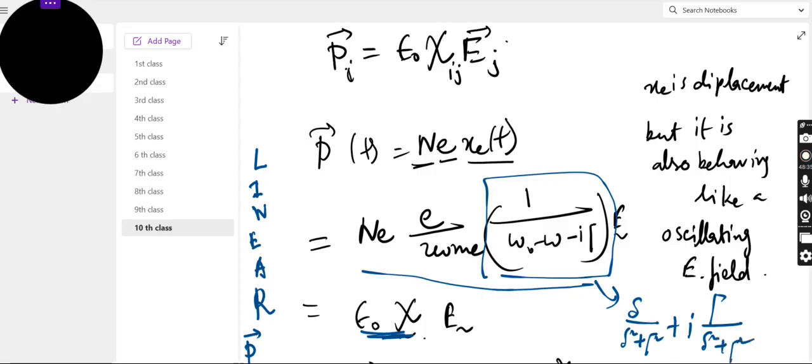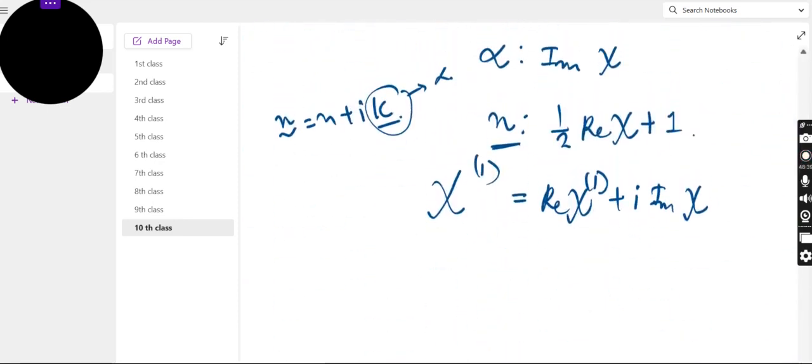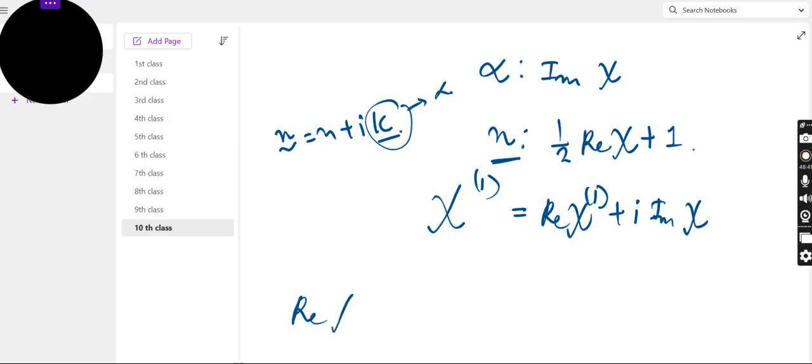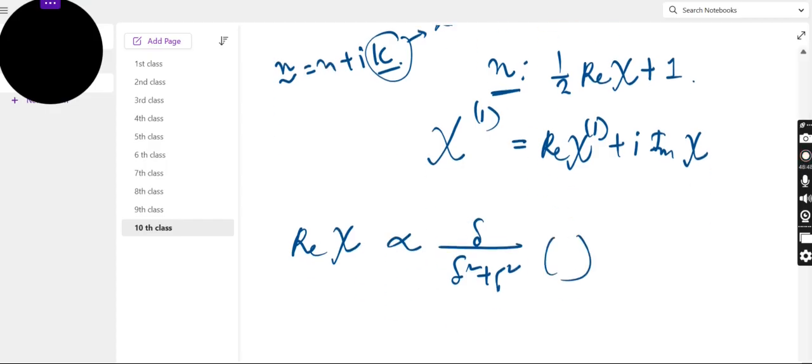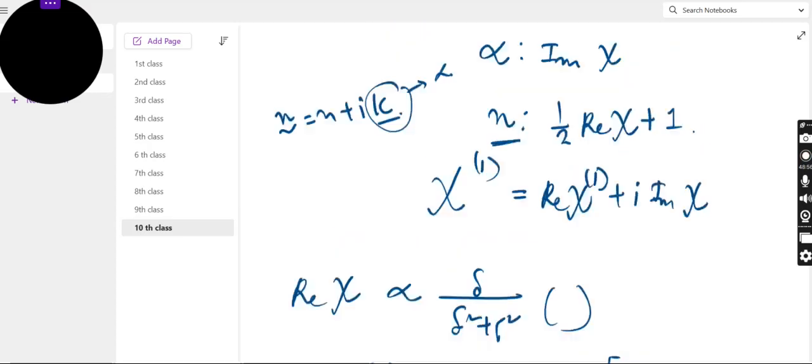So the real part of chi is something like this with some constant, and the imaginary part of chi is with some constant over delta square plus tau square.